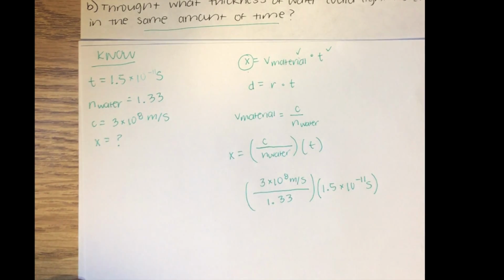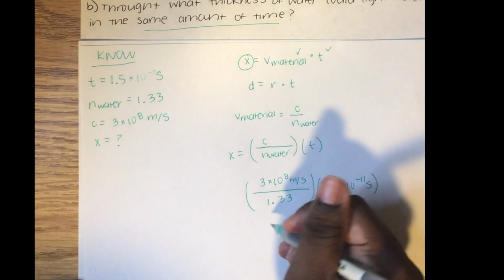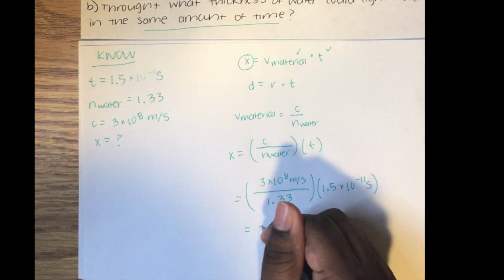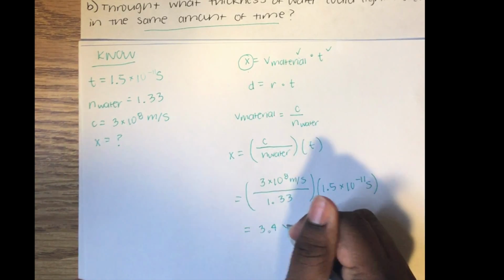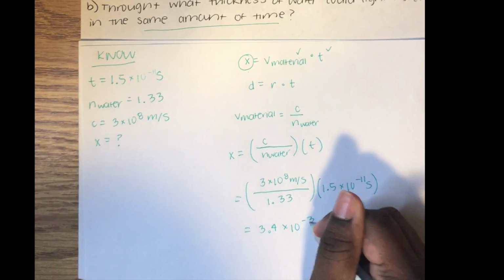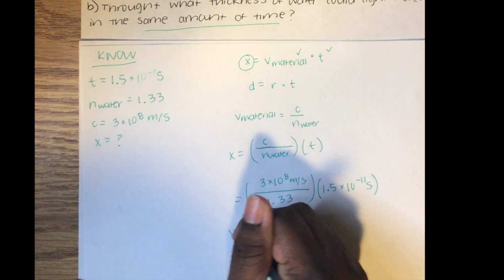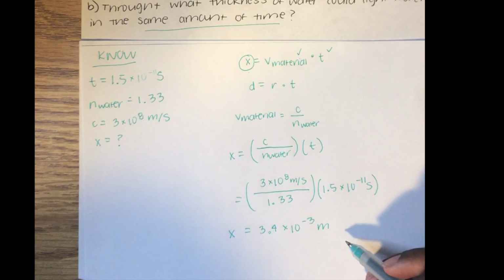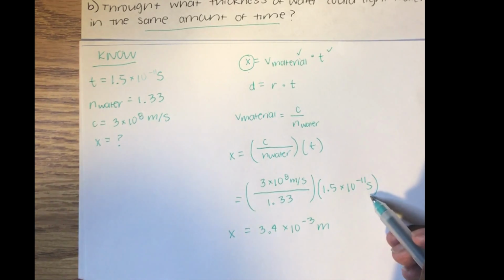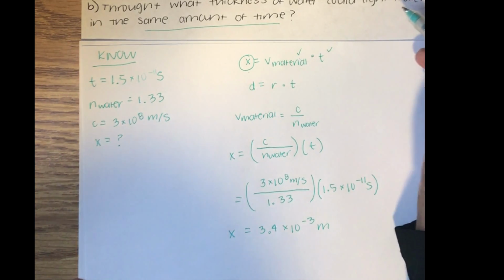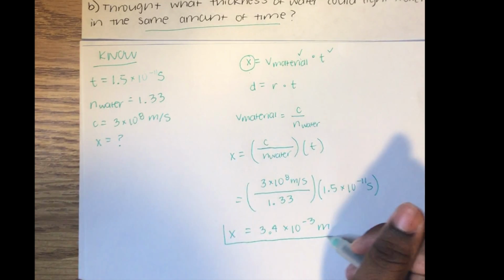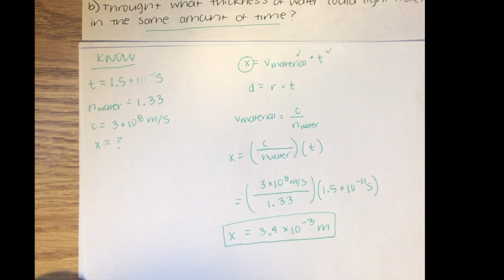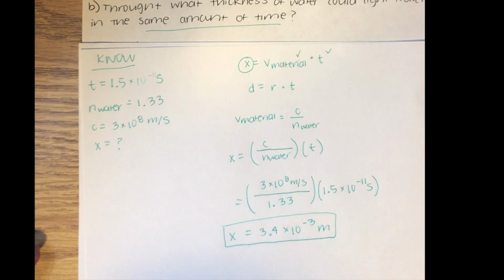And if we plug this into our calculator, the answer for x will be 3.4 times 10 to the negative 3 meters. And this is the thickness of water the light could travel in the same amount of time that we found out from part A. And that is how you do homework number 1, question number 25.